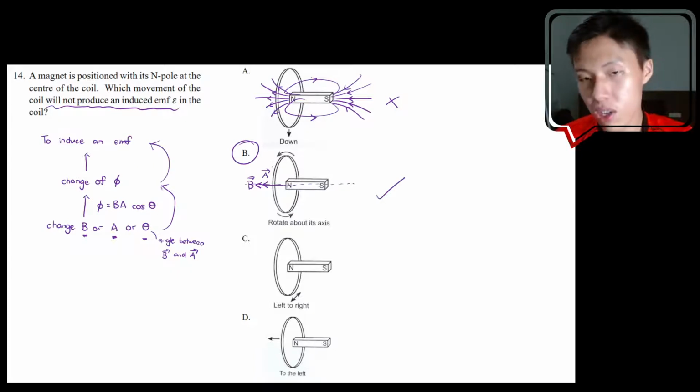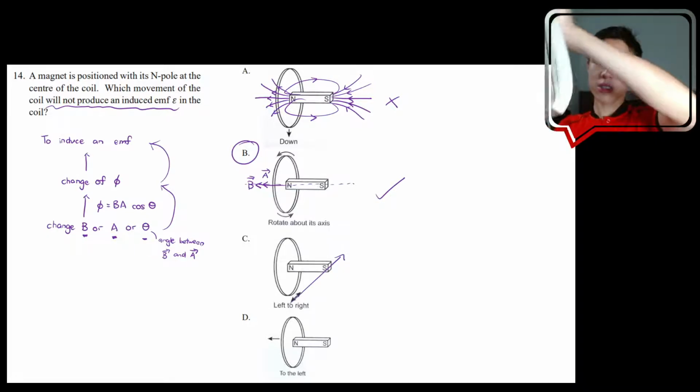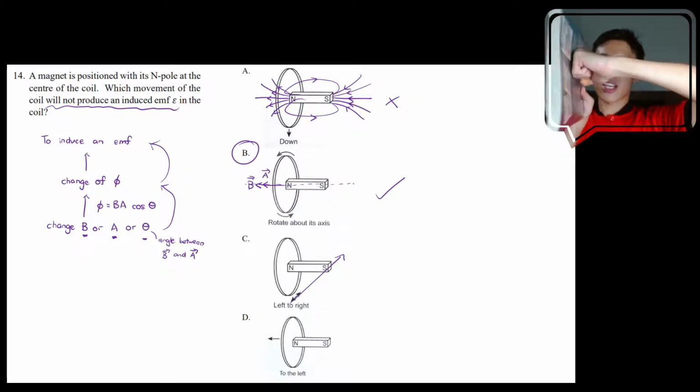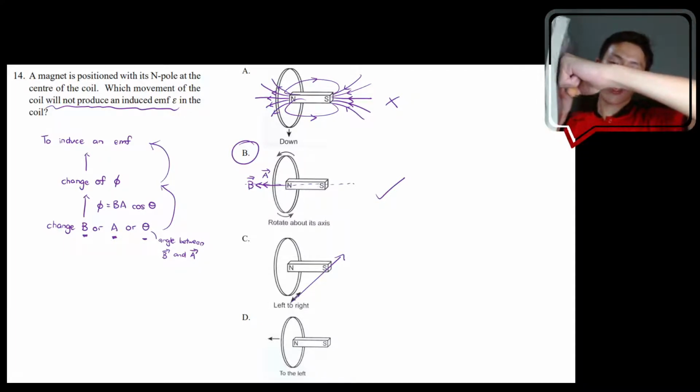Okay, let's look at option C. Option C, you're moving left to right. So this is your bar magnet, and you are moving it like this. If you're moving it away, then you're moving it near, away, near, away.